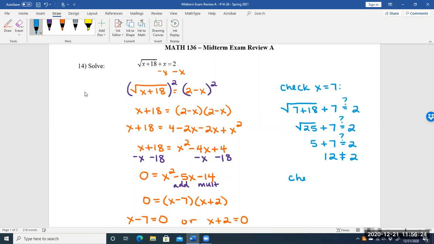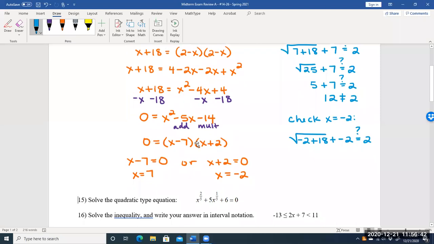Now if we check x equals negative 2, our other solution, this one is going to work. I'll just kind of show you quickly here. So in the case where I plug -2 into the equation, I get the square root of 16 plus a -2 is equal to 2.